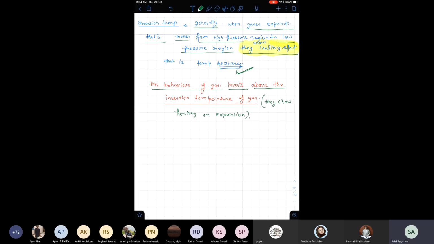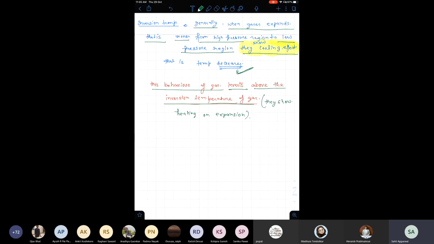When this process takes place above the inversion temperature of gas. For every gas, there will be a particular temperature called inversion temperature. Below that, it will show cooling, and above that, it will show heating.